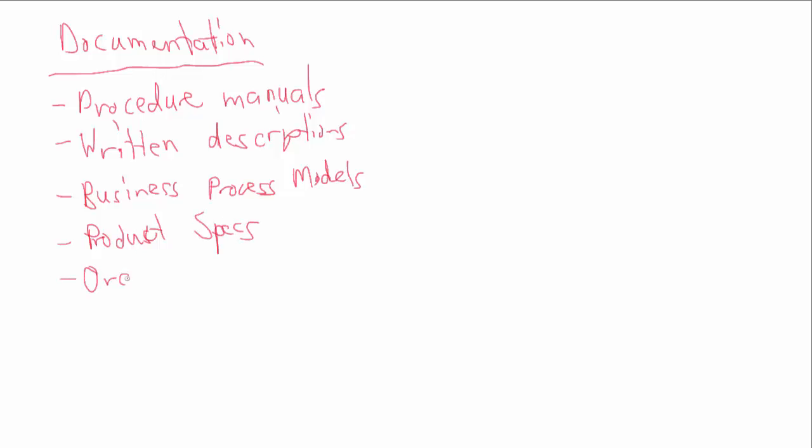We've all probably seen an org chart before. That's a simplified view of how an organization is structured. Various types of plans, mission statements, business rules. What are the rules for performing various business activities?